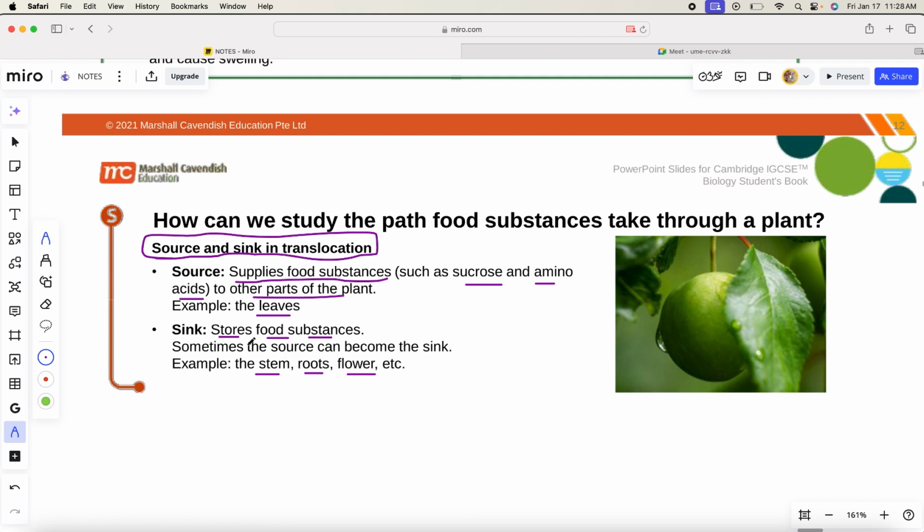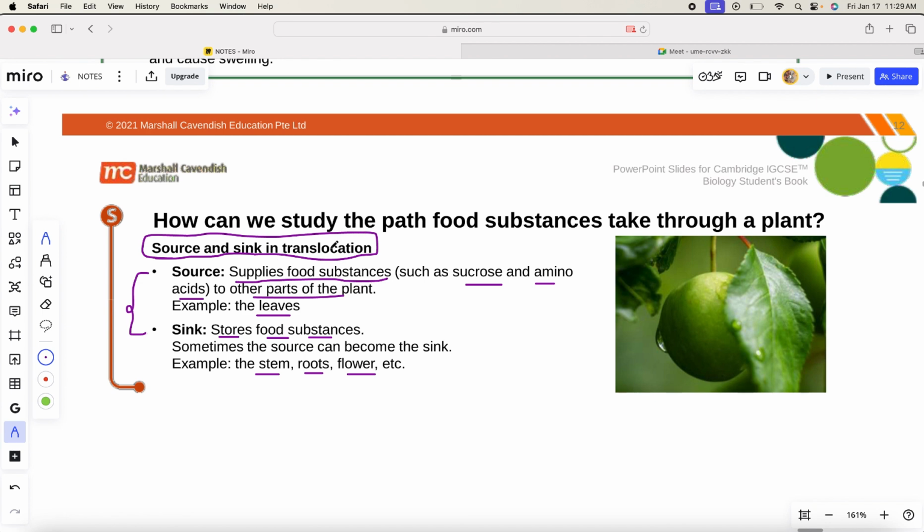Sink is where the food is taken to for storage by the plant. Source is where the food is made, usually the leaves. These two words are used for describing what translocation is.